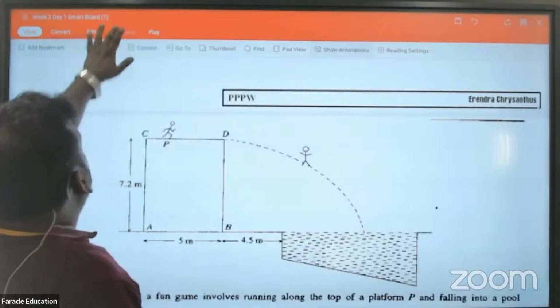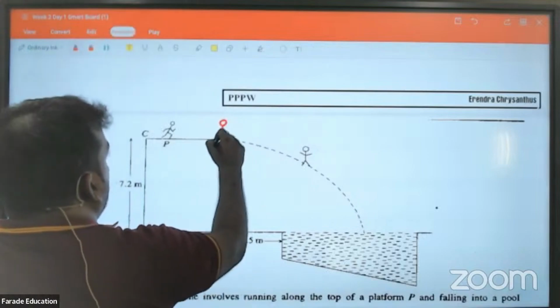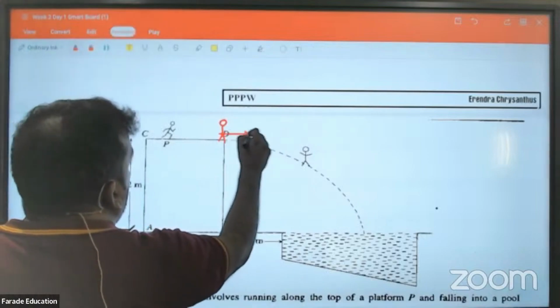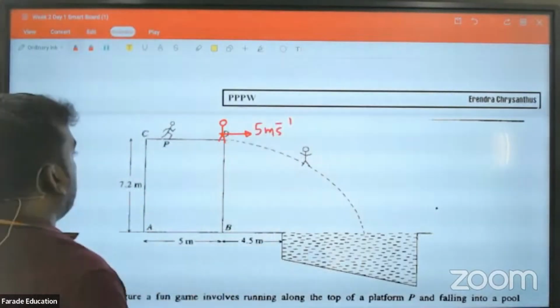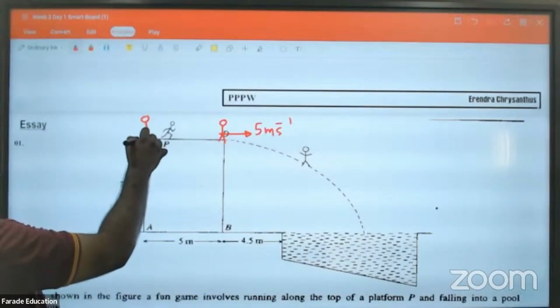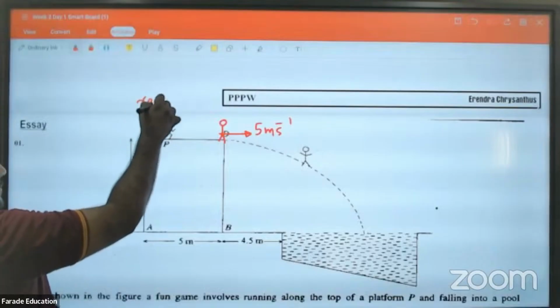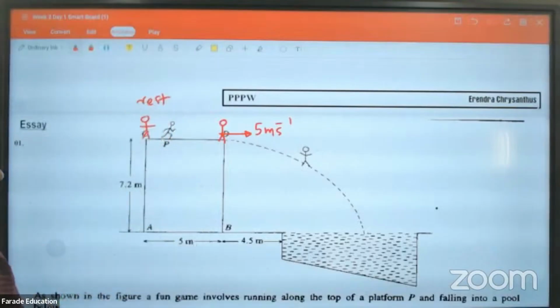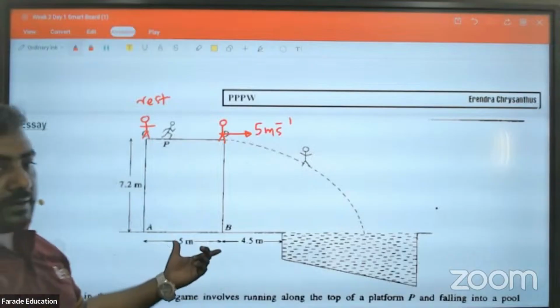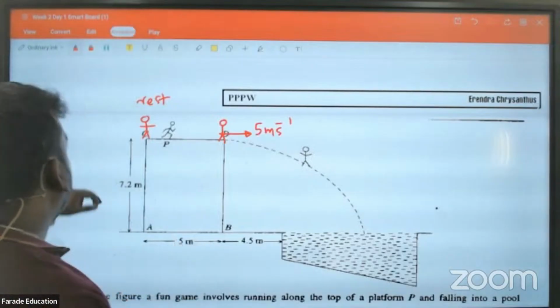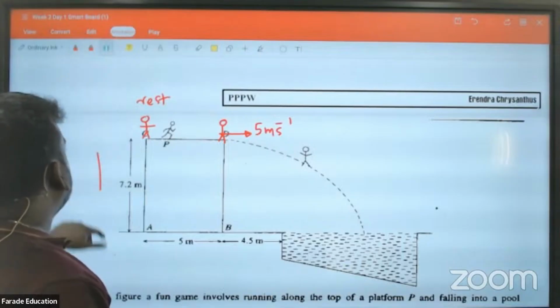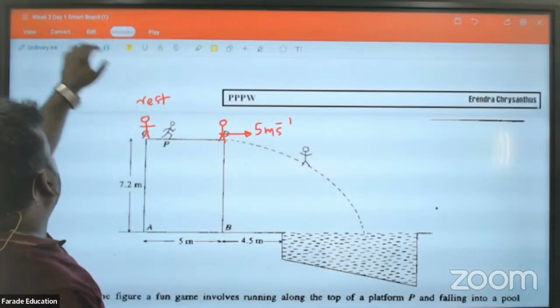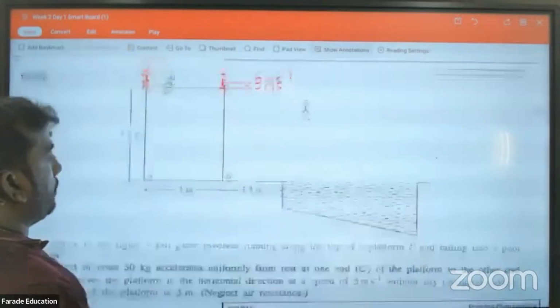He starts from this end at rest. The length of the platform is 5 meters, already given.